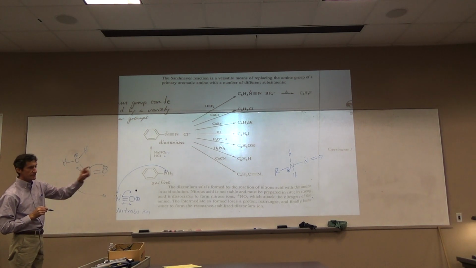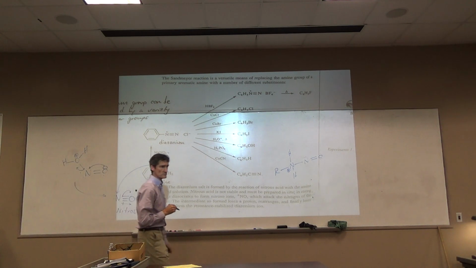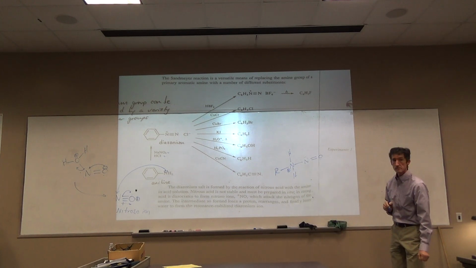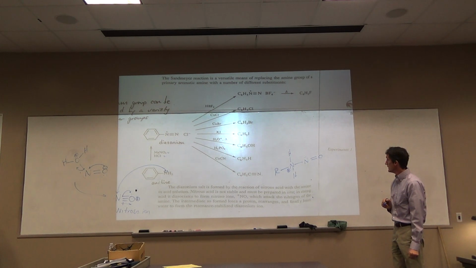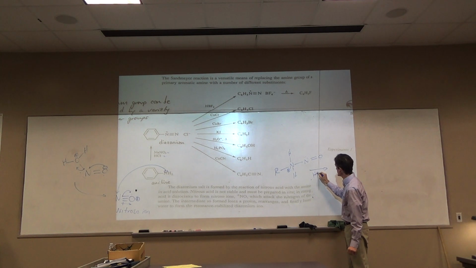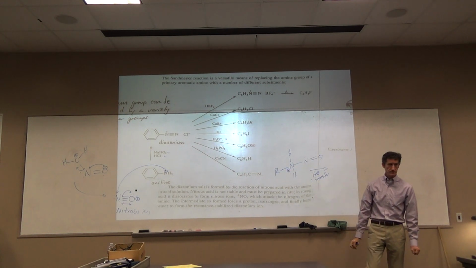Does that arrow movement give that over there? Yes. At this point, we can do H plus transfer. From here, what do we need to lose to get to our diazonium?